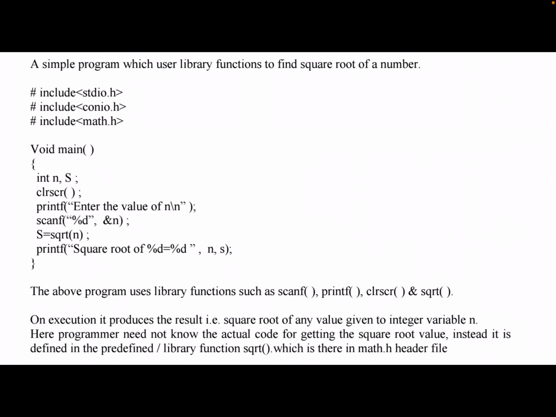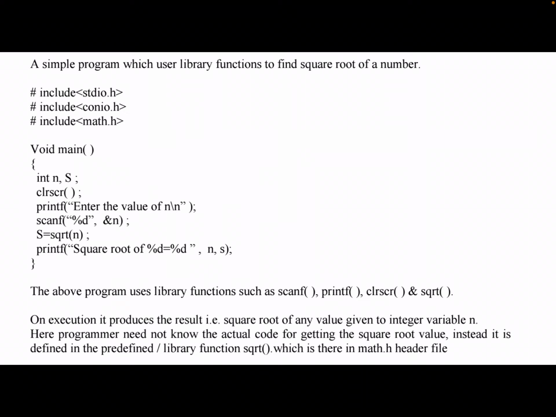Now let us understand the operation of these functions and header files with a simple example where I am trying to find the square root of a number. Here we require input and output, so I am including stdio.h. I want to print the value on the screen, and I want to clear the screen, so I am including the header file conio.h in order to use the clear screen function.